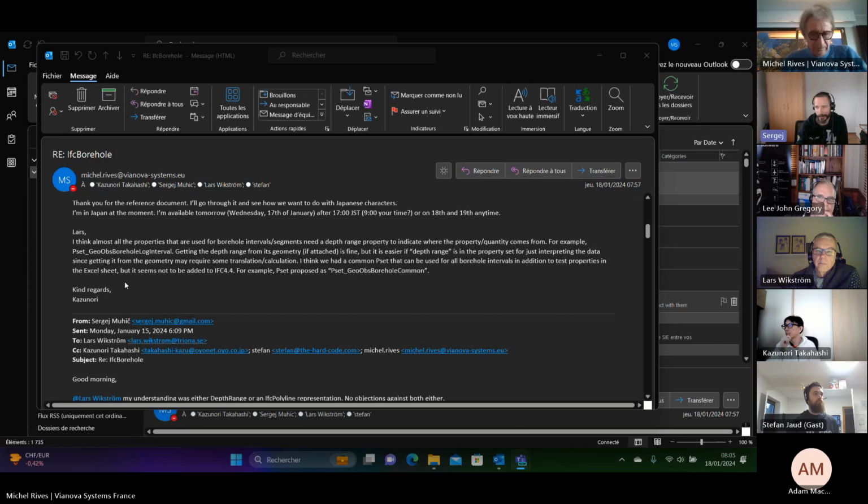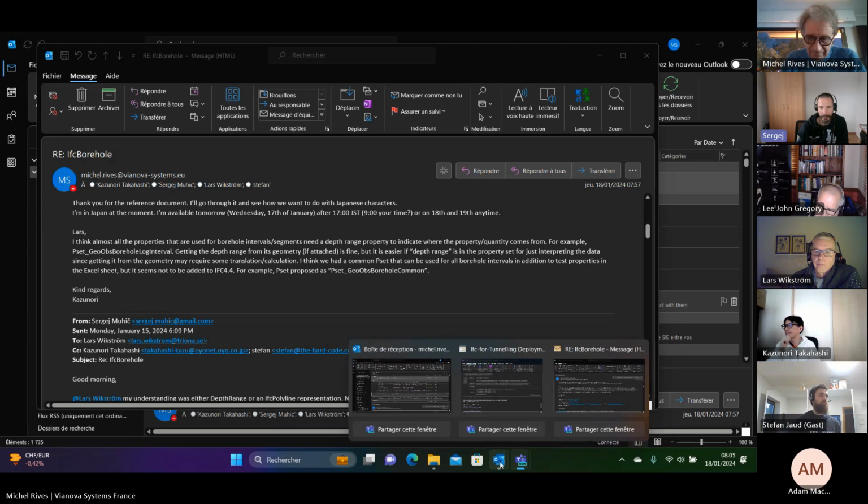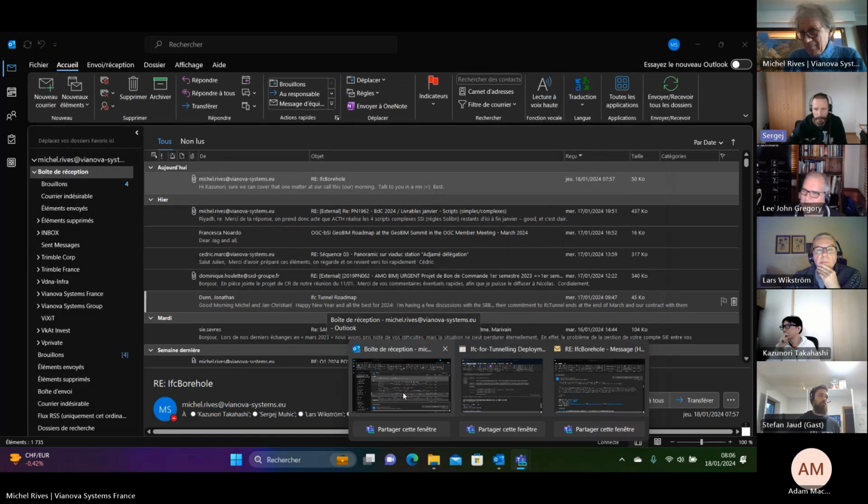But then we also encountered another requirement from Kazunori, who explained to us that it's not only one observation that we're looking at, and not only one test on one borehole every time, but also that each and every test can also be decomposed into segments on boreholes. So that actually meant quite a complex structure of these tests, and we had a couple of proposals flying back and forth.